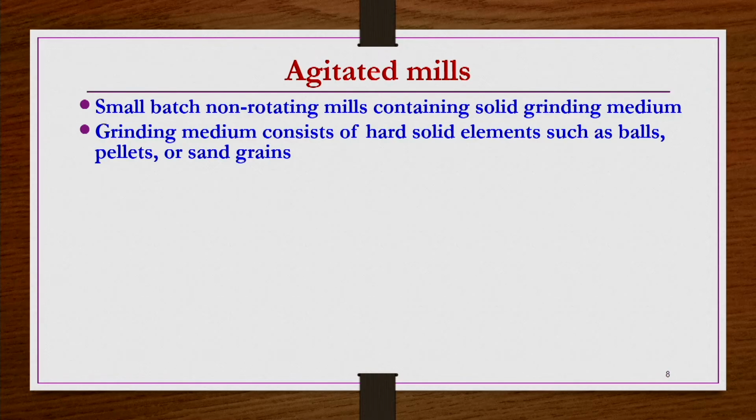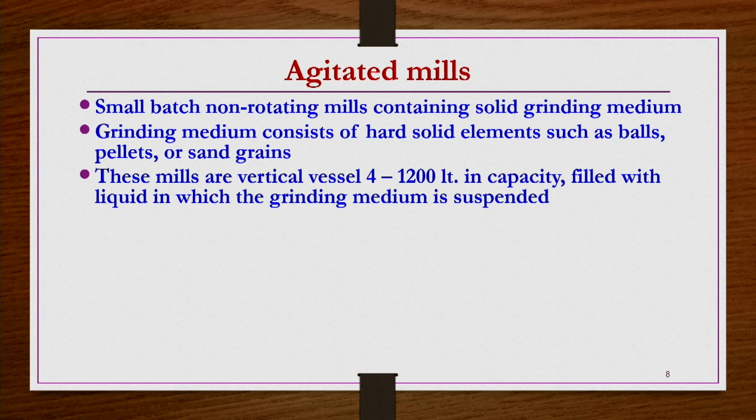So, now we go to the agitated mills. Agitated mills are a kind of small batch non-rotating mills containing solid grinding medium. The grinding medium in general consists of solid elements such as balls, pellets or sand grains. These mills are in general vertical vessels having capacity 4 to 1200 liters, filled with a liquid in which the grinding medium is suspended.